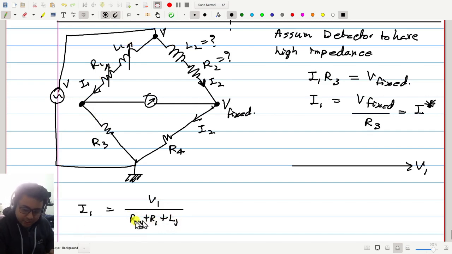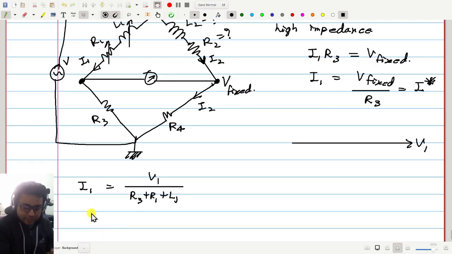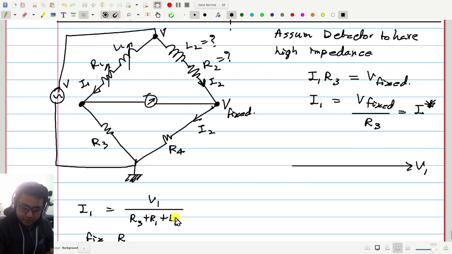Now suppose we fix the resistance and vary L. How will the current phasor change? If L1 is 0, then I1 is V1 by R3 plus R1, and so that will be in the same phase as the voltage. So this point is V1 by R3 plus R1.